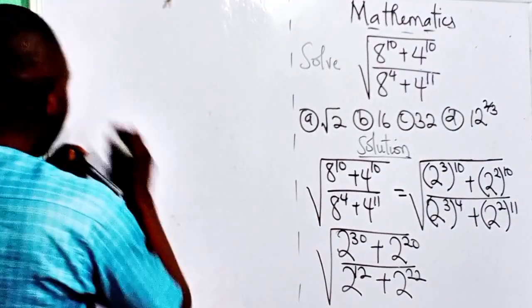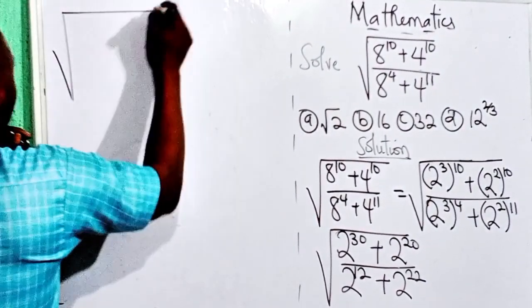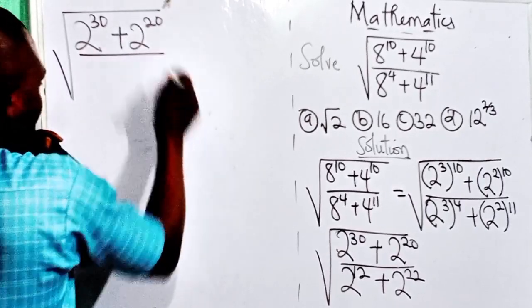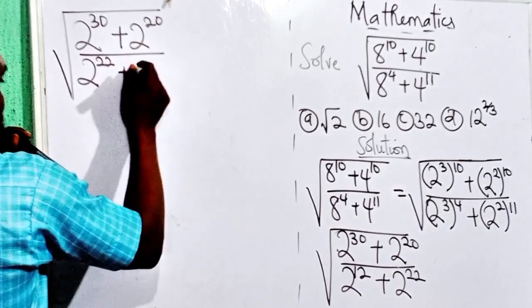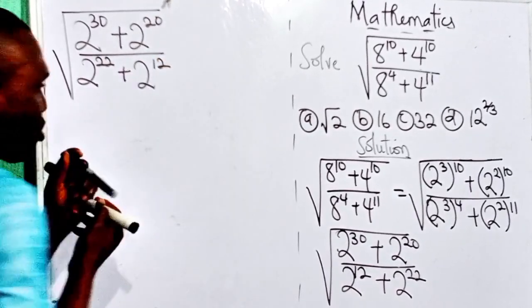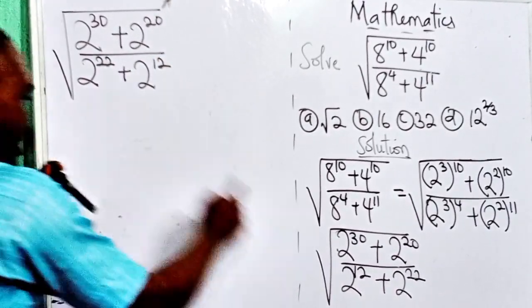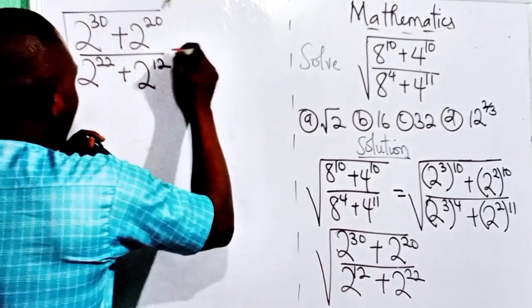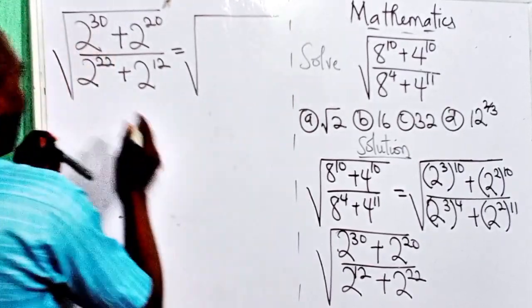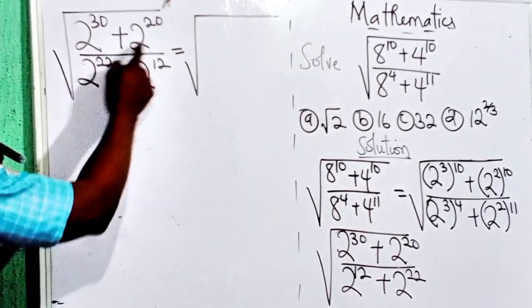Now I can rearrange this. I can have this as the square root of 2 raised to the power of 30 plus 2 raised to the power of 20, over 2 raised to the power of 22 plus 2 raised to the power of 12. So take note, this and this are the same, all right? Now this is equal to the square root, all right? Now what is common here and here?